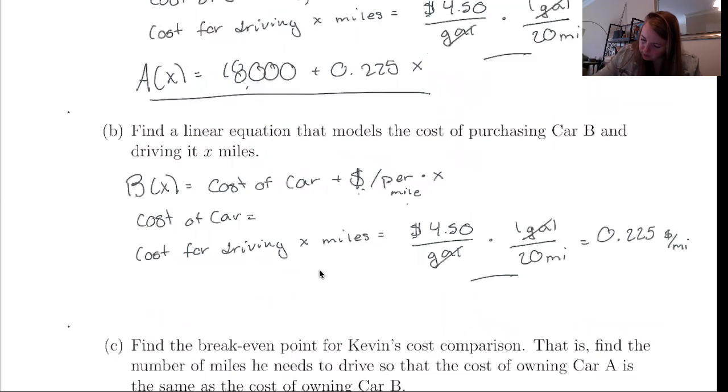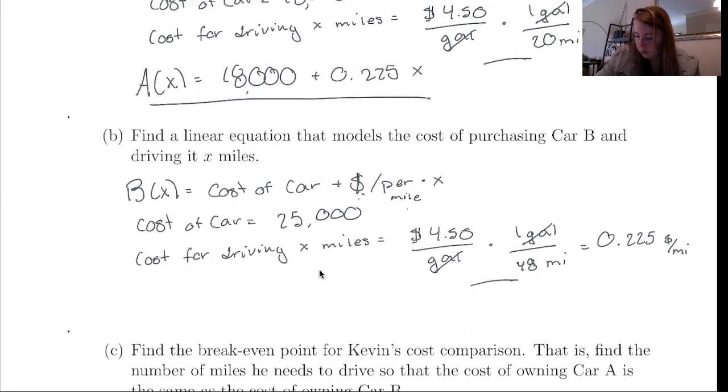What is it? 25,000? Perfect. Gas is still 4.50, but now I'm going to get 48 miles per gallon. So that's going to change. 4.5 divided by 48. Oopsies. 0.09375. And it's only those 4 decimal places.